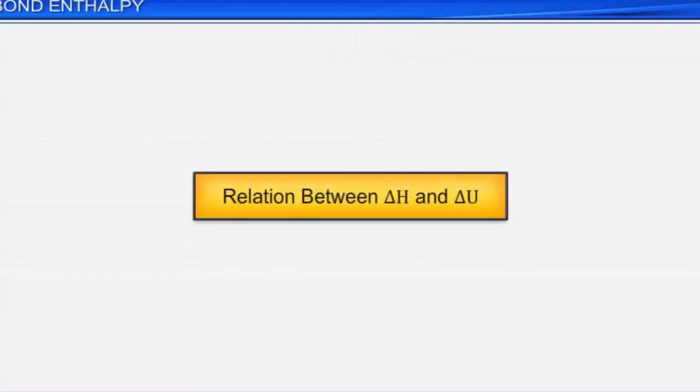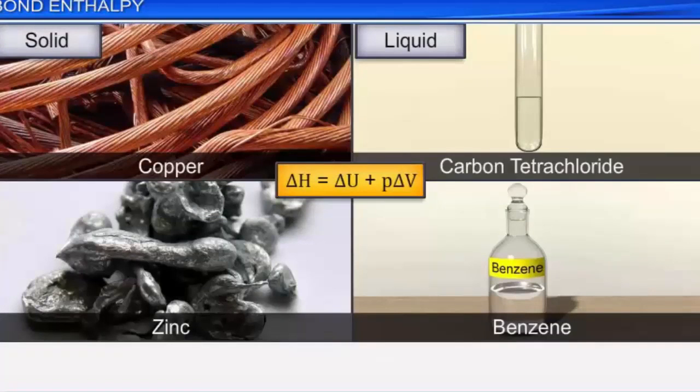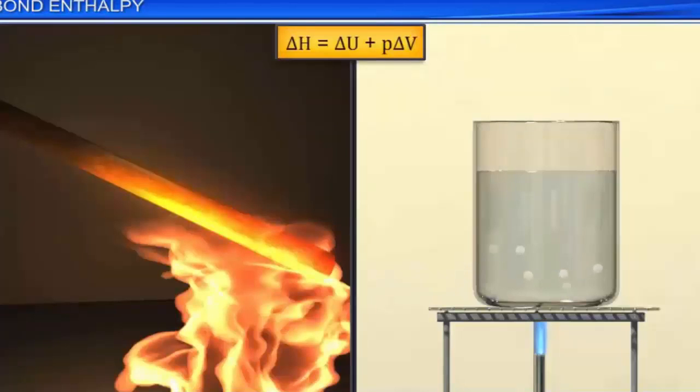Let's now look at the relation between ΔH and ΔU. When we deal with solids and liquids, the difference between the change in internal energy, ΔU, and enthalpy, ΔH, is not significant. This is because solids and liquids do not show significant change in volume when heated.